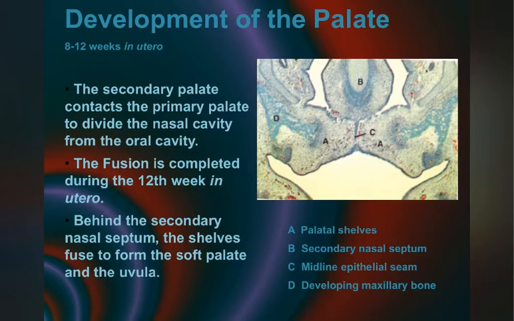The fusion is completed during the 12th week in utero. Here it's fusion, which follows contact. Behind the secondary nasal septum, the shelves fuse to form the soft palate and the uvula.